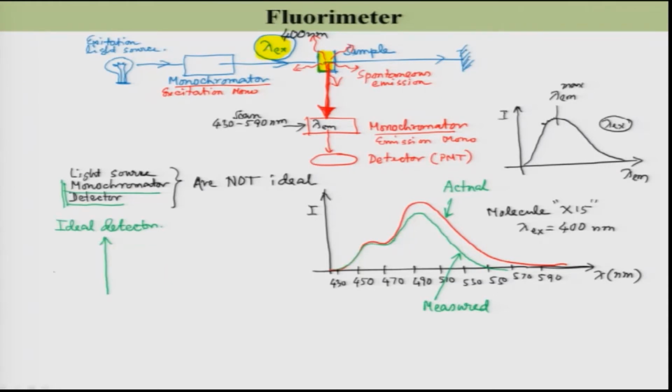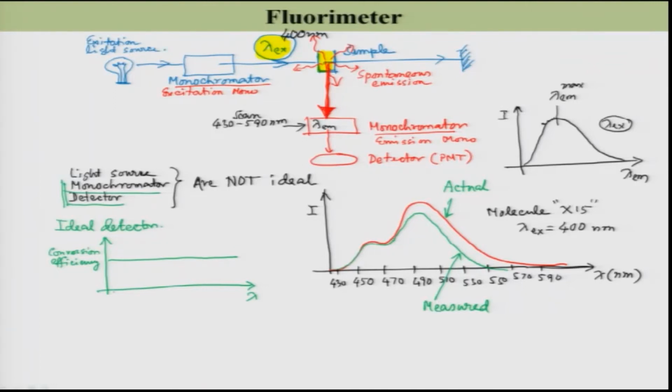The conversion, we generally call it conversion efficiency or quantum efficiency. That is just how efficiently the detector can detect. So, let me write this conversion efficiency versus wavelength, that should be a horizontal straight line, isn't it.